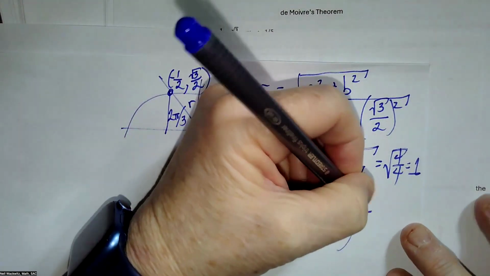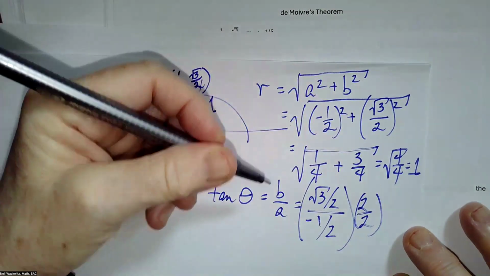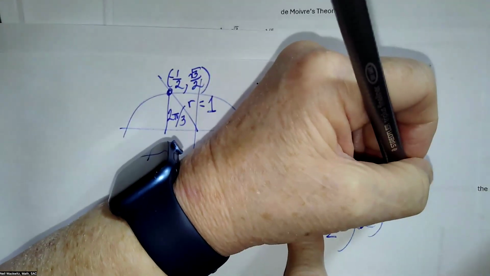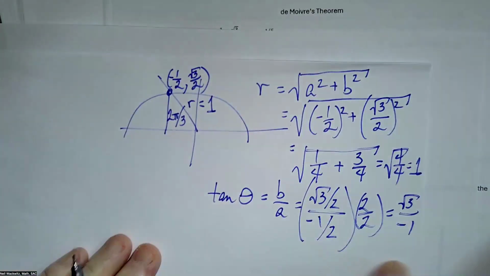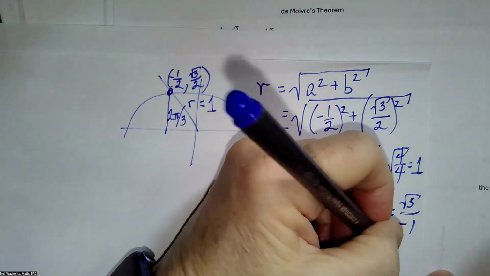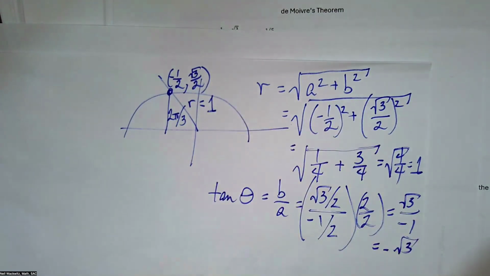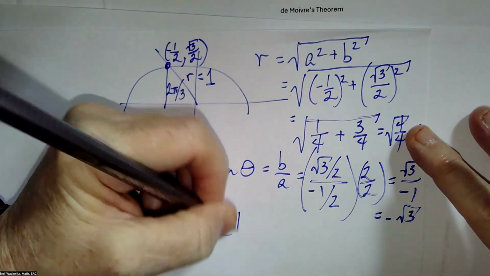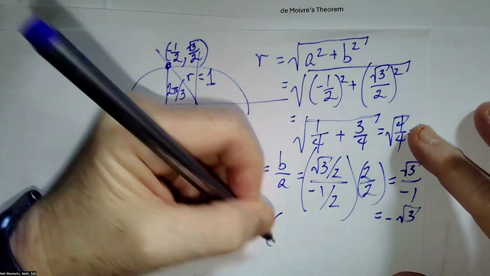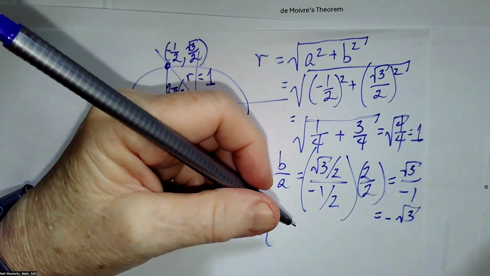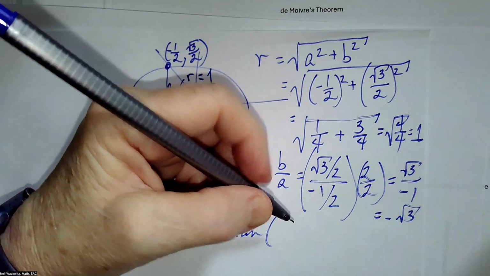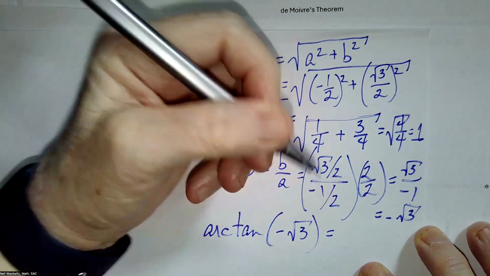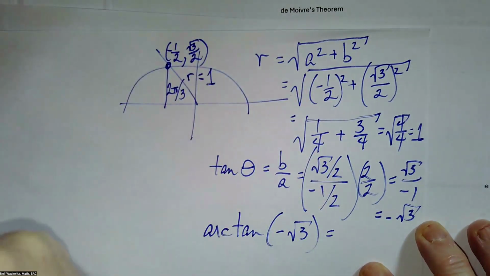We can multiply by 2 over 2, and we get square root of 3 over negative 1, which is just negative square root of 3. The arctan of negative square root of 3, well, that's going to be in the 4th quadrant.